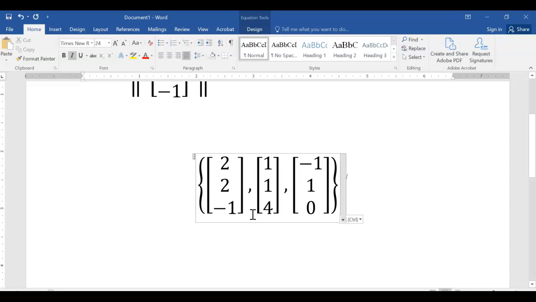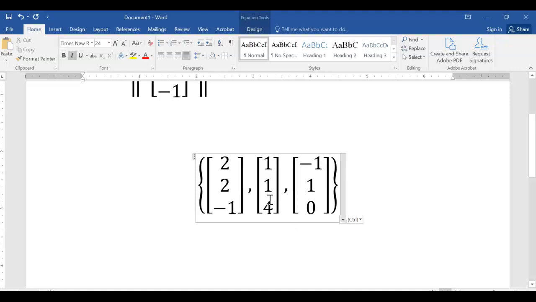However, you may have noticed that this is an orthogonal set. If you take 2, 2, -1 and inner product it with 1, 1, 4, you get a 0. If you take 2, 2, -1 and inner product it with -1, 1, 0, you end up with a 0.